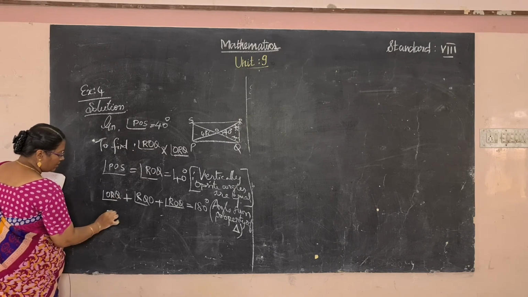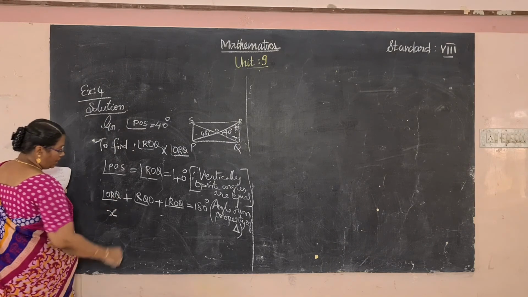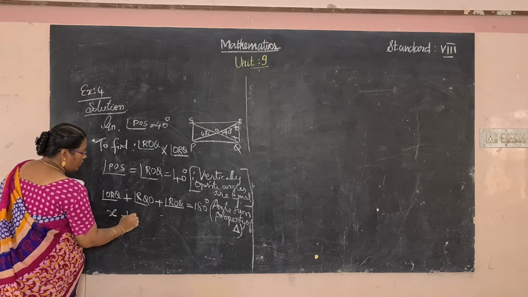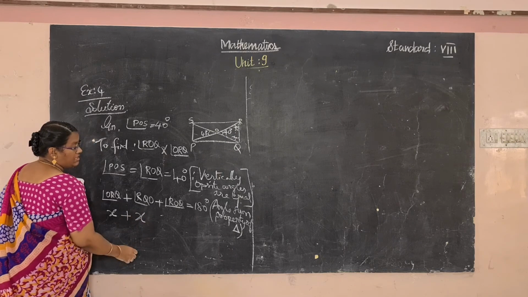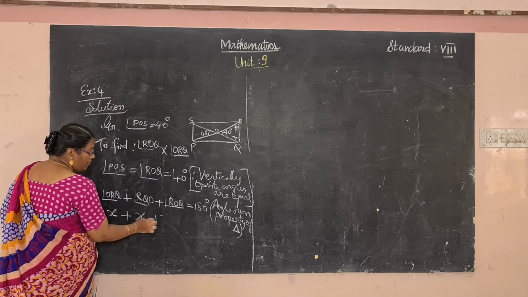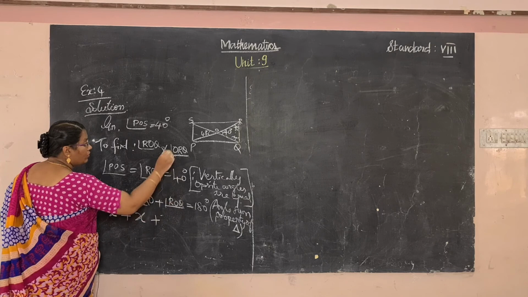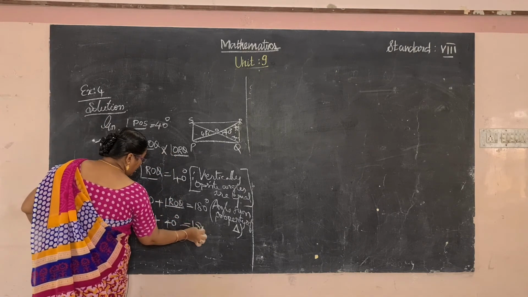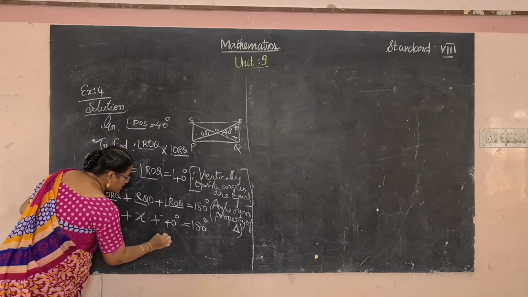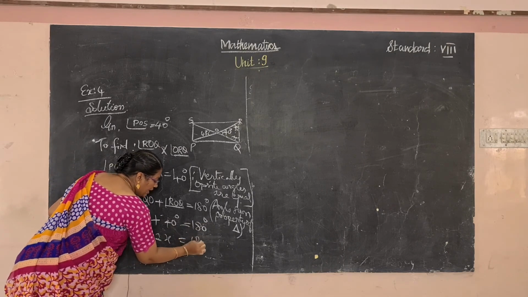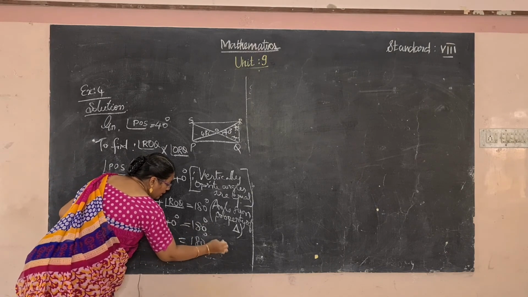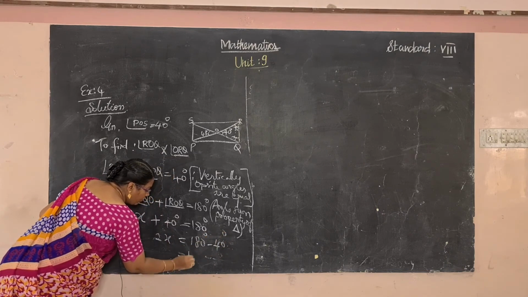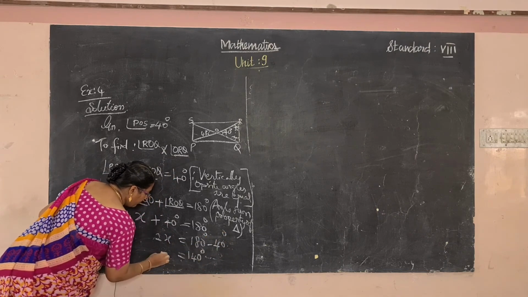Okay, so what are the values you know? ORQ we have considered to be x. Next, RQO also we have considered x because it's an isosceles triangle. Plus ROQ is 40 degrees is equal to 180 degrees. So 2x is equal to 180 minus 40 degrees, which is 140 degrees.